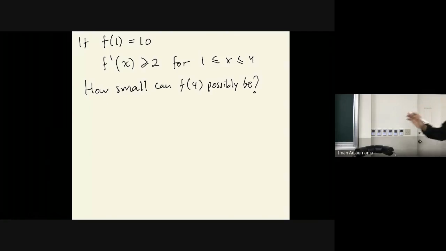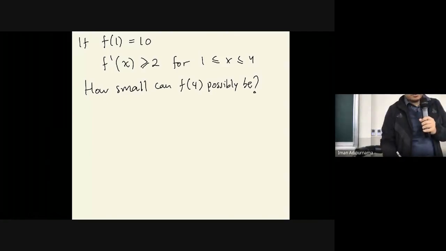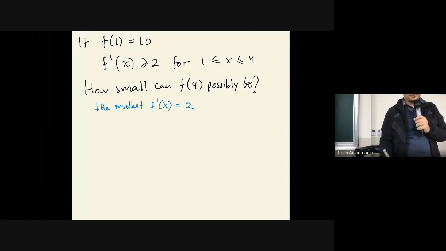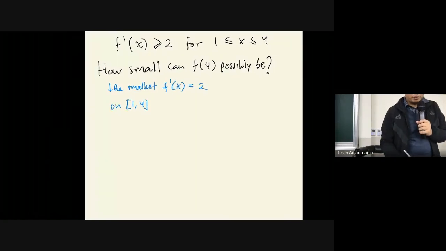So how small? The smallest f prime x is 2, right? And on this interval from 1 to 4, we can apply our mean value theorem.